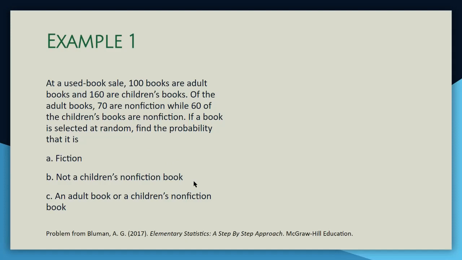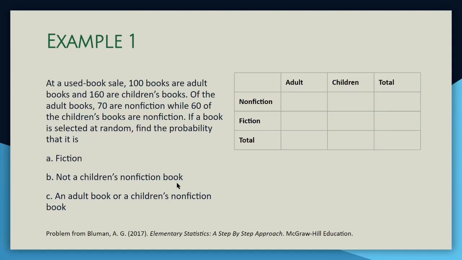So we're going to build a contingency table for adult versus children books and fiction versus nonfiction books. And you'll notice, just like all the other contingency tables we've seen, there is a total row and a total column.